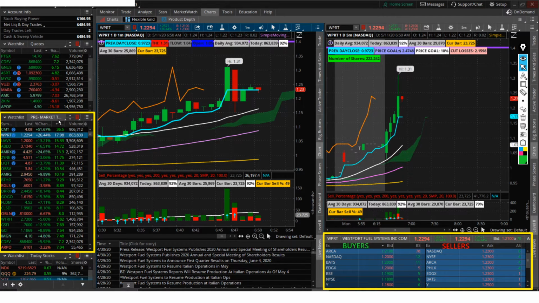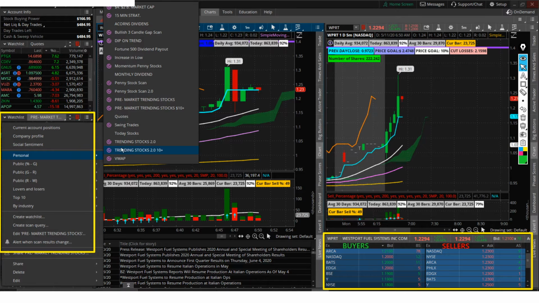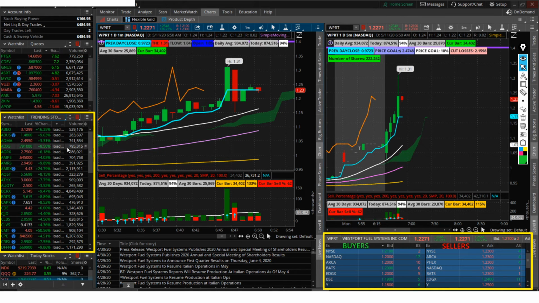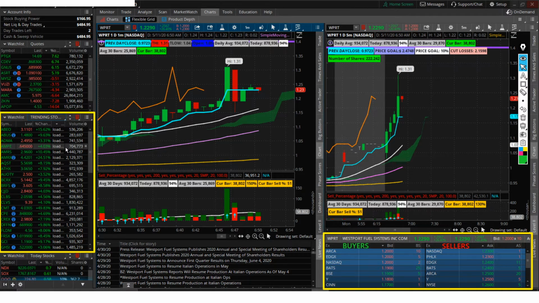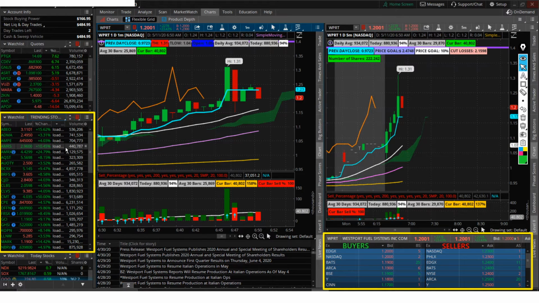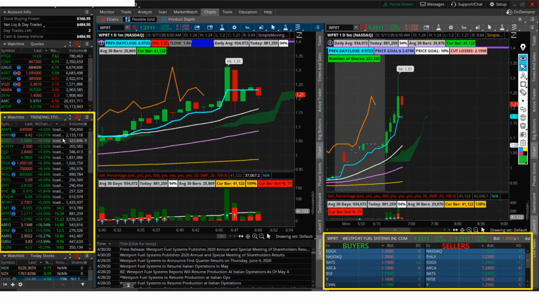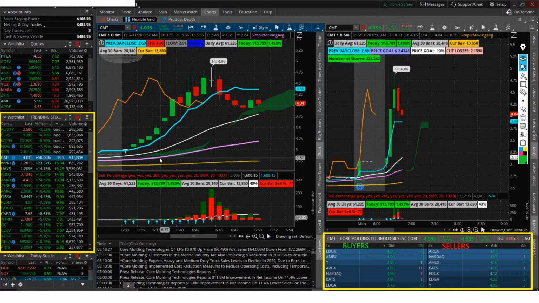WPRT, it looks like it was a good runner, so let's change this to a trending stock. Let's see what else is trending. So the big one is just this one, CMT.